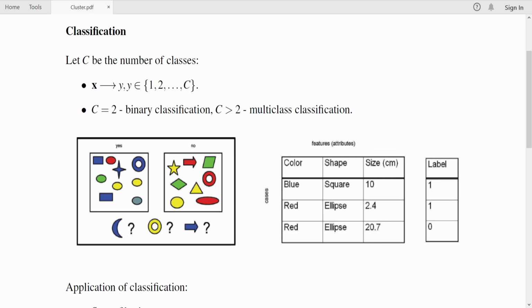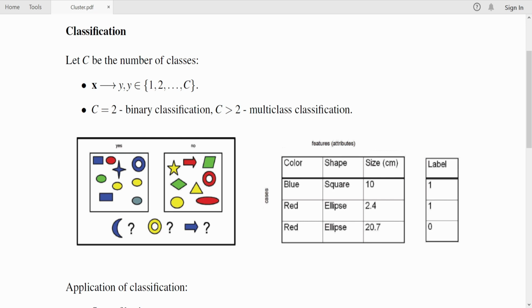So what we have is some kind of data. We already know that some shapes belong to this class and other shapes belong to the other class. We can see here ellipses, circles, squares, here stars or arrows or similar. Even here we have a circle, but a red circle. We can describe these with a set of features, for example color, shape, and size.